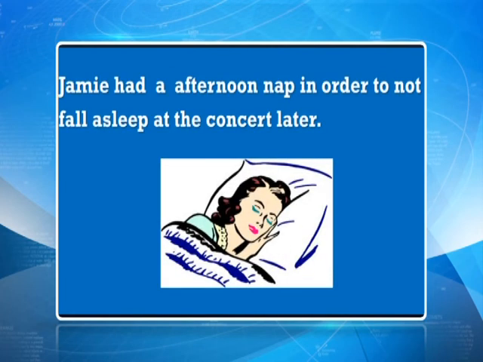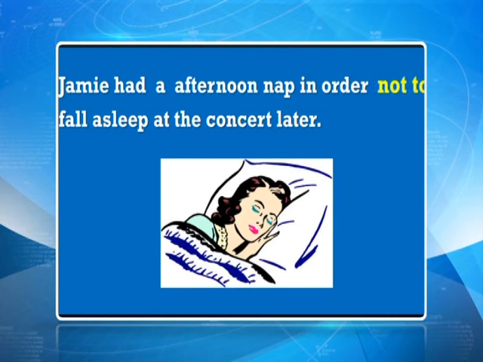Jamie had an afternoon nap in order to not fall asleep at the concert later. So the mistake here is not underlined, but try to guess it. Okay, so this is an extra challenge for you, right? Okay, so in order to not, is this correct? No, it's not. Instead of this wrong expression, we can use in order not to.